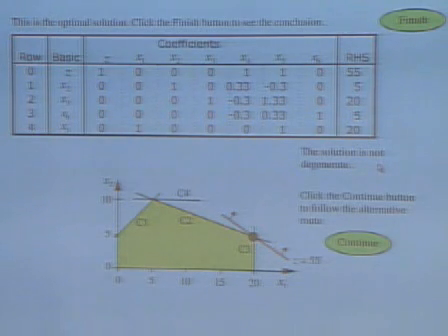Now cycling, while it could occur in the worst case, is not actually very common. So there's a question about other entering rules. If you use some rule other than this, there is a chance that the method will cycle, but it's not common. In fact, it's very difficult to construct instances where the method cycles.